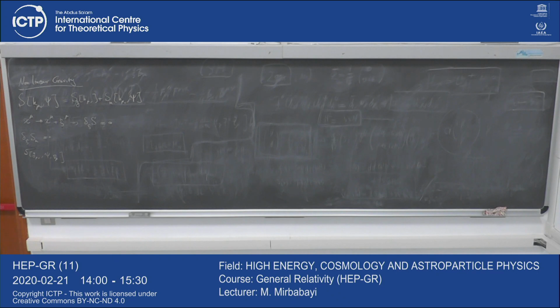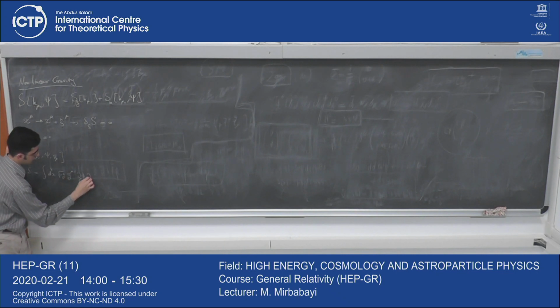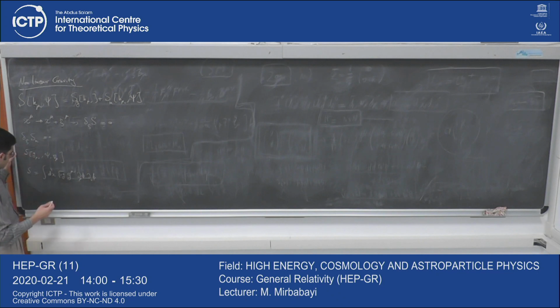So for instance, for a scalar field, the action becomes integral d4x, the square root of minus g, times minus 1/2 g mu nu d mu phi d nu phi.